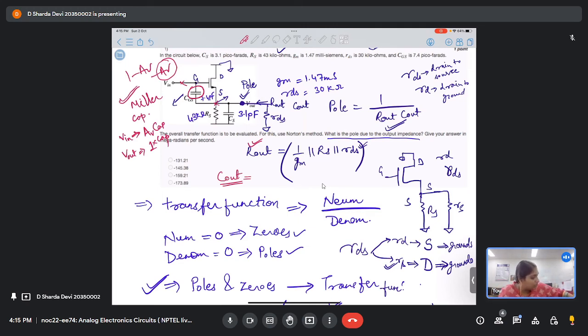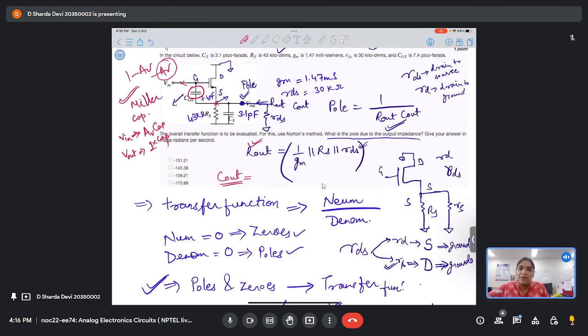What are the capacitances that you will see? CGS and CS, right? And how will they come into the picture?